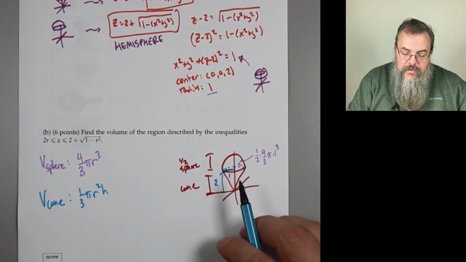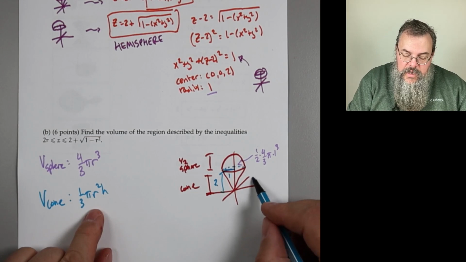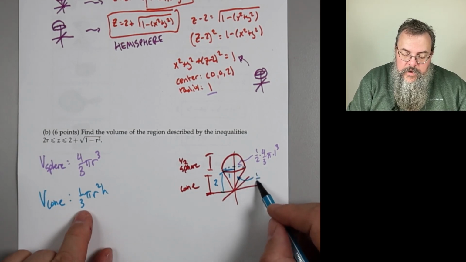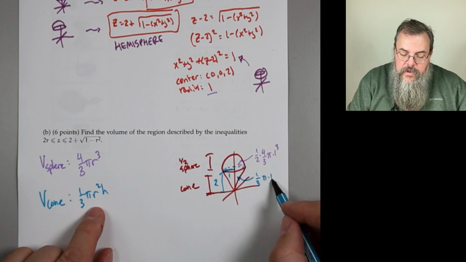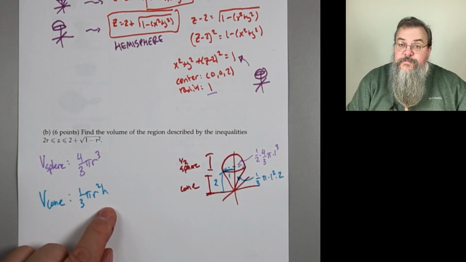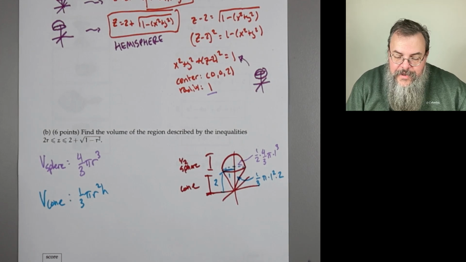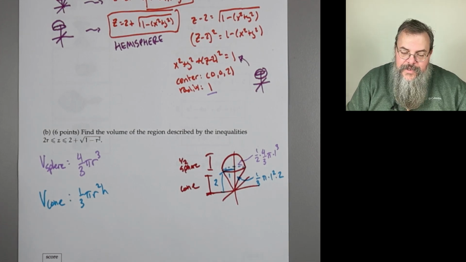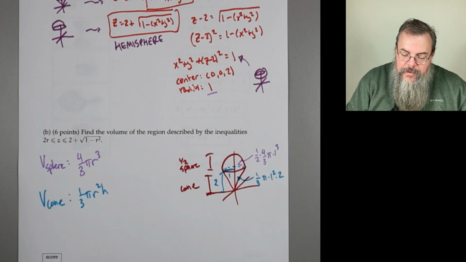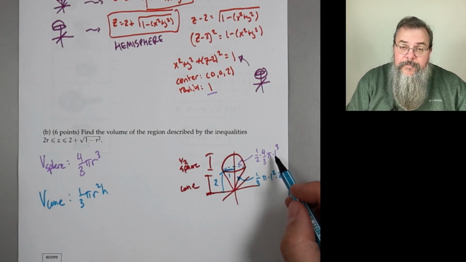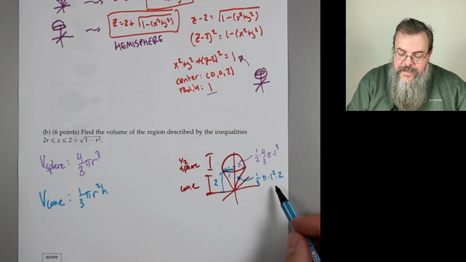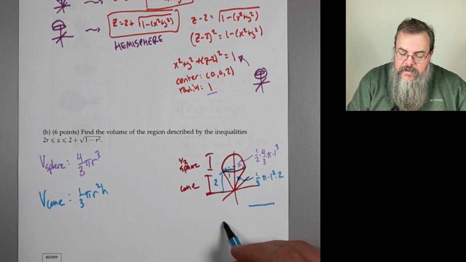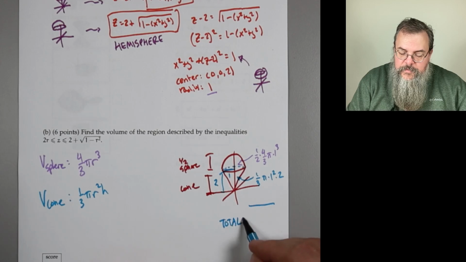So this is 1/3 pi 1 squared times 2. All right, good. Now, what's left? We have 2/3 pi. We have 2/3 pi. We add them up, and we get that the total volume is 4/3 pi.